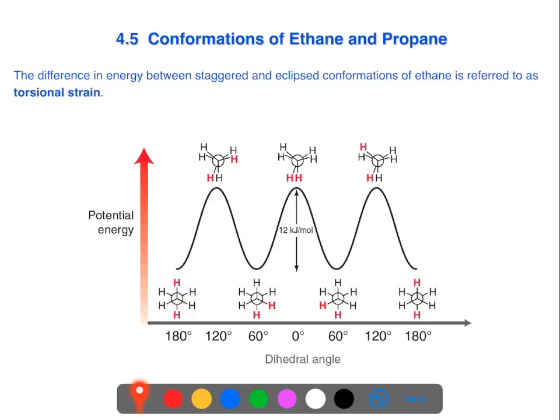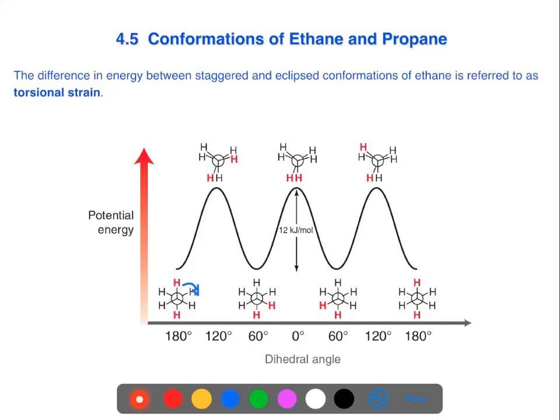And so what this graph is showing is that as we rotate this particular carbon-hydrogen bond in a clockwise manner, by 60 degrees with each rotation, we're going to look at the conformation that results from that 60-degree rotation.